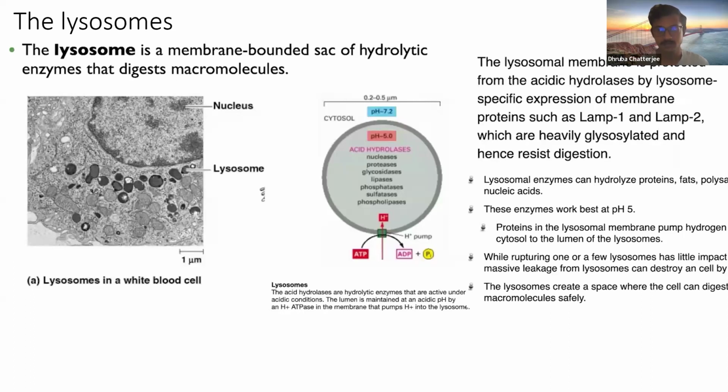It has a plethora of several hydrolytic enzymes, a plethora of acid hydrolases, which can be of so many different types, right? It can be nucleases, proteases, lipases, glycosidases, phosphatases, sulfatases, phospholipases, etc. And it has ATP-dependent H plus ATPases, these H plus pumps, which use ATP energy to pump H plus into the lysosomal lumen to make it highly acidic.